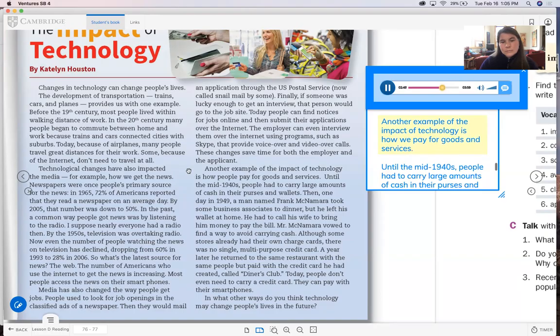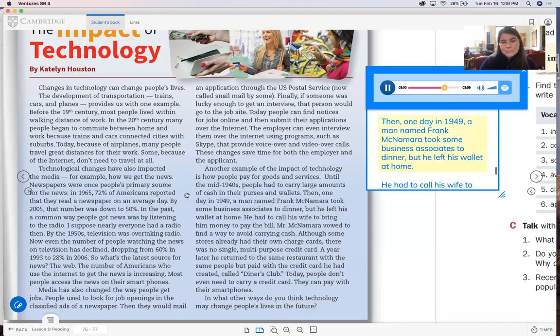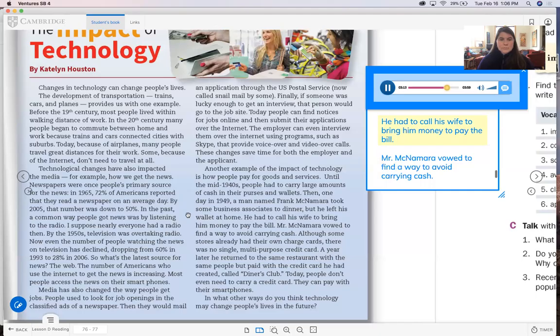Another example of the impact of technology is how we pay for goods and services. Until the mid-1940s, people had to carry large amounts of cash in their purses and wallets. Then, one day in 1949, a man named Frank McNamara took some business associates to dinner, but he left his wallet at home. He had to call his wife to bring him money to pay the bill.